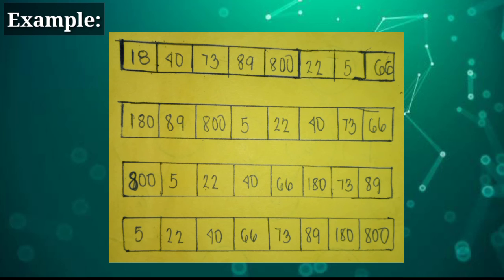Next is we sort this array into smallest to largest numbers. So 5, 22, 40, 66, 73, 89, 180, and 800. So array is now sorted.